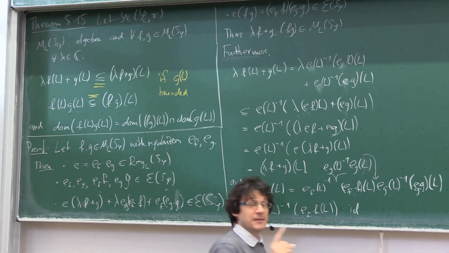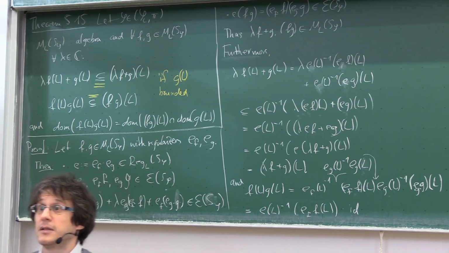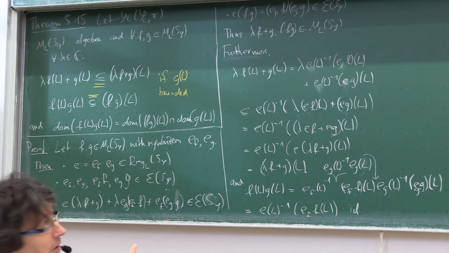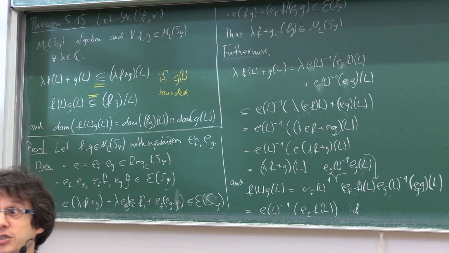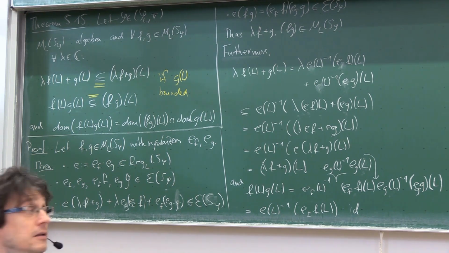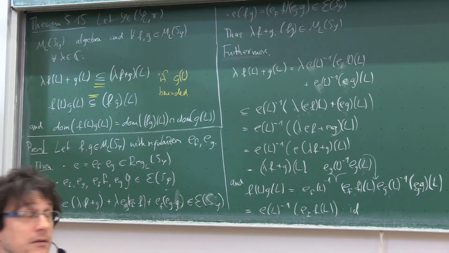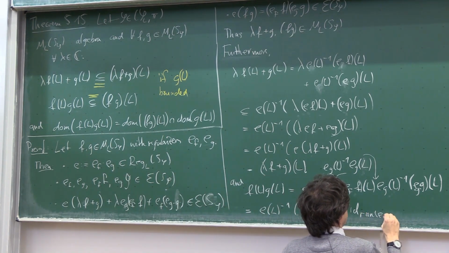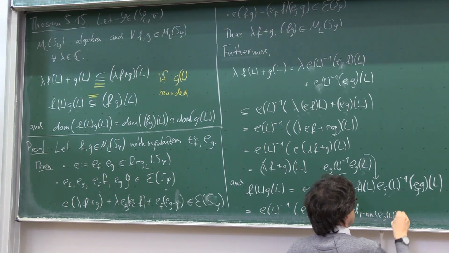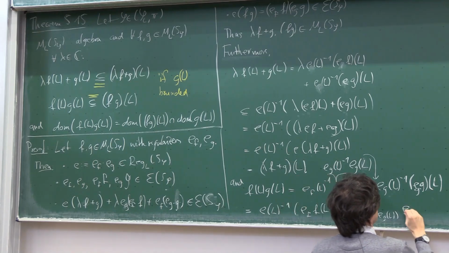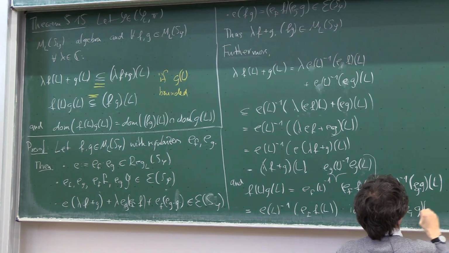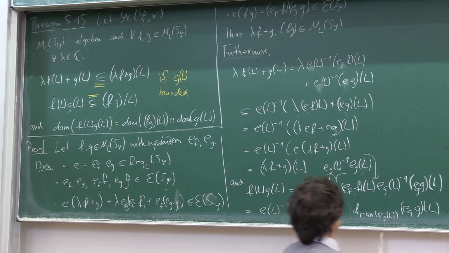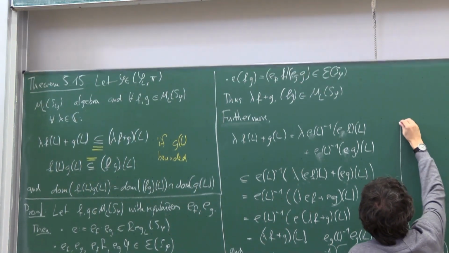This is an identity, but pay attention, they are somehow in the wrong order. It's EG of L to the minus 1, so this is not an identity on H, this is an identity on the domain of EG of L. So this is an identity on the range of EG of L times EGG of L. And that is the reason why in this case we get the inclusion.